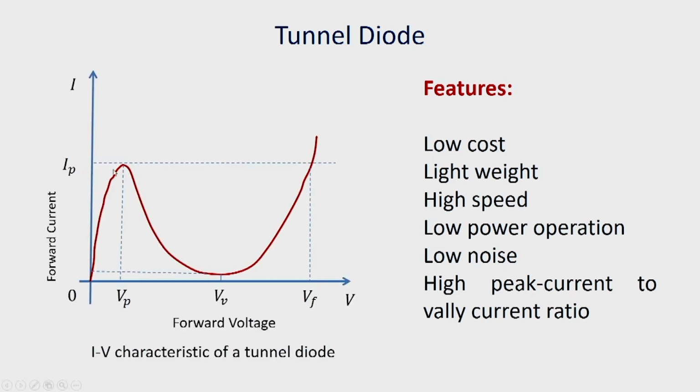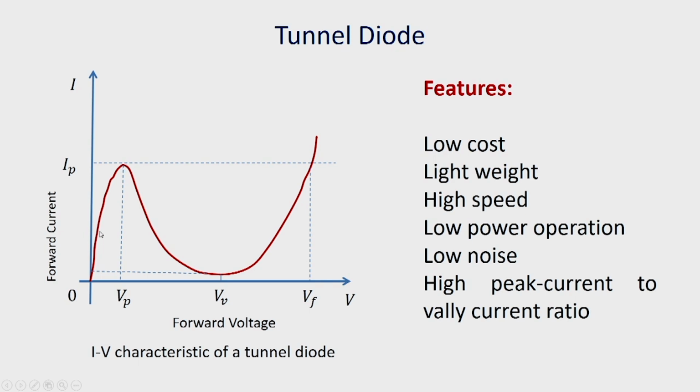Now, this diagram shows the IV characteristic of a tunnel diode. So, here this point is the peak current.